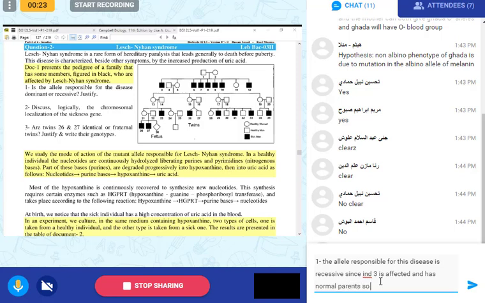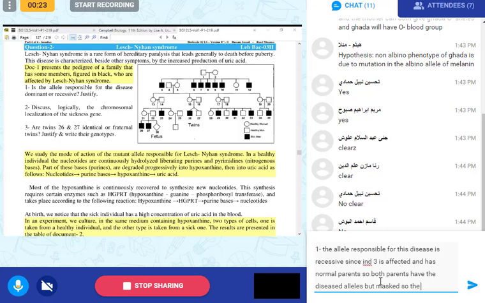So both parents have the diseased alleles but masked.